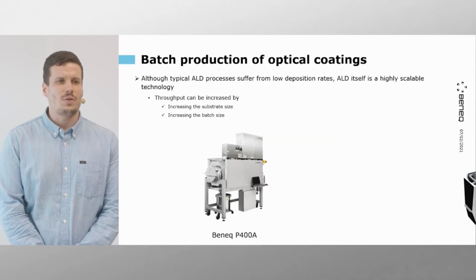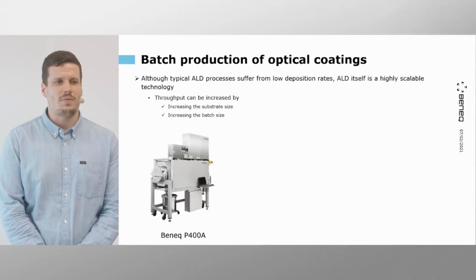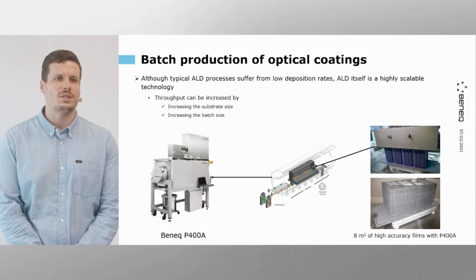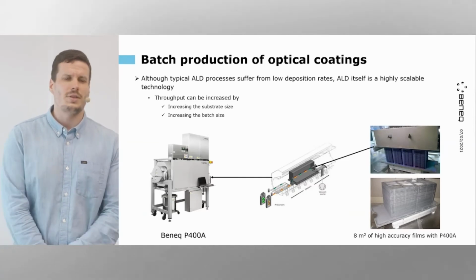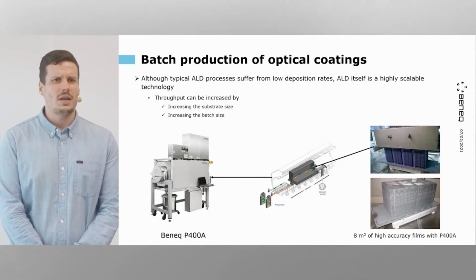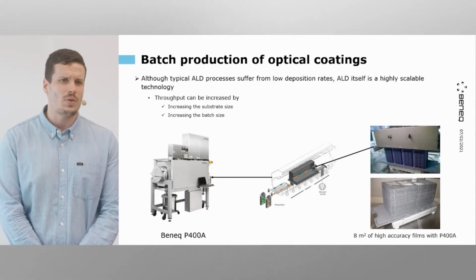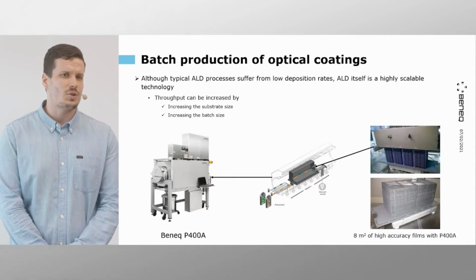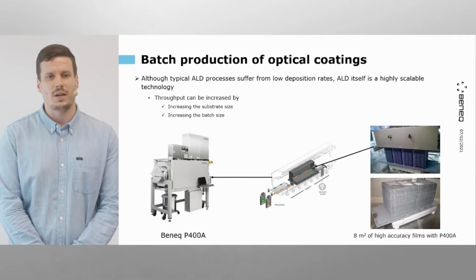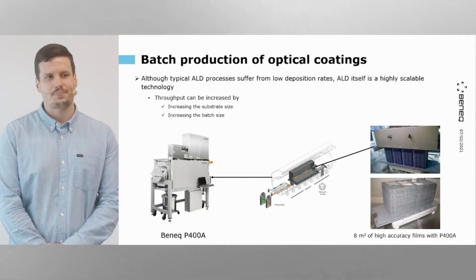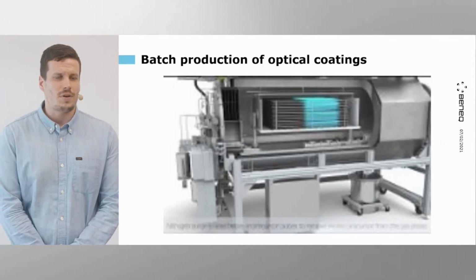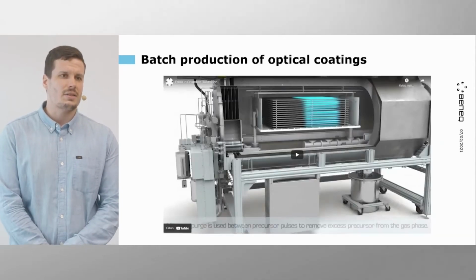So if you take a look, for example, inside our P400A tool, we can see that a very large deposition chamber can be included within the reactor. This deposition chamber can hold up to 8 square meters of substrates, and all of these substrates can be coated with a uniform and conformal film in a single run. So here you can see a video of how this is done in practice.